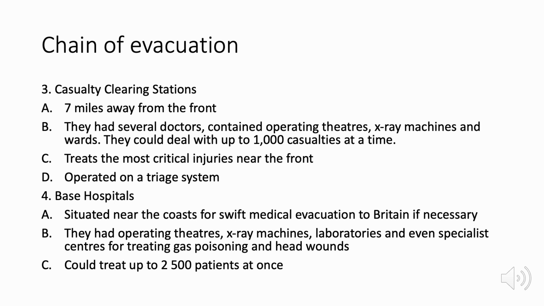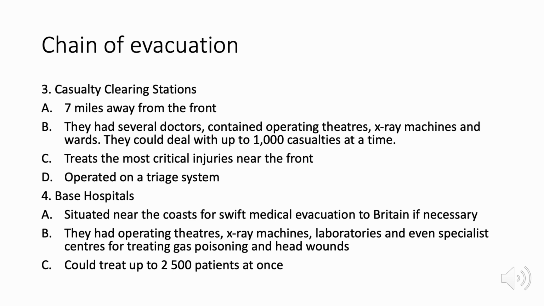And then finally, base hospitals are the fourth point in the chain of evacuation. Those are situated near the coasts for the swift medical evacuation of the soldier to Britain if necessary. To reach those, often men would be transported, as we've seen, from the RAMC trains a few slides ago. They'd be transported to the coast, to the base hospital, and then worst case they could be sent back to Britain.